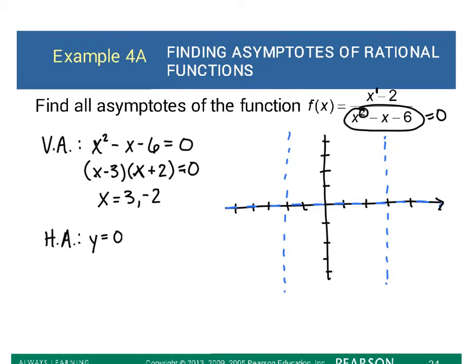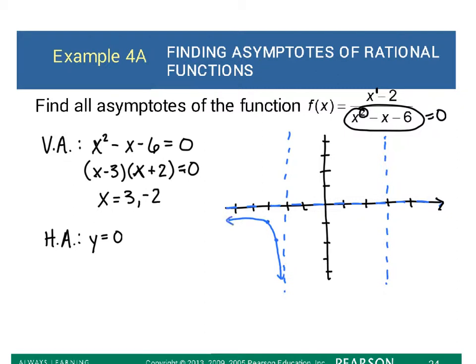Plug in those 2 values, find the y values, plot them. So we're going to get this point maybe, and then this one. Okay, I'm going to draw a smooth curve with those points.